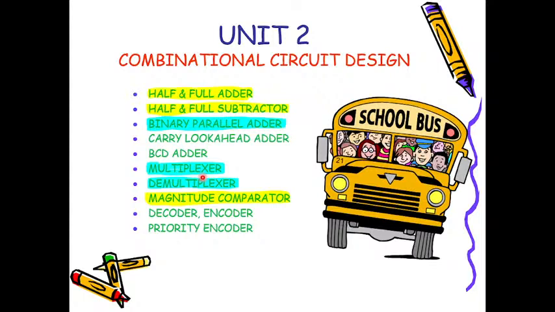Then you have data transmission circuits like multiplexer, demultiplexer, and magnitude comparator, which also comes under arithmetic operation. Finally you have decoder, encoder, priority encoder, and code converters. In this session I didn't include those, and in later sessions I'll come out with those topics.